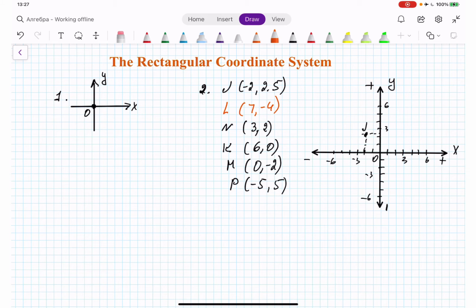Okay, L, x is +7 here, and y is -4 here. This is our L. Next one, N is green, x is 3, y is 2. This is our N.